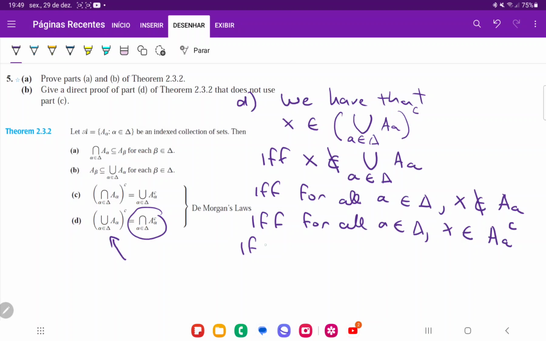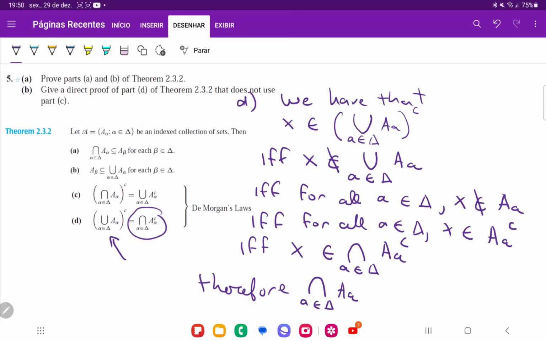So if and only if x belongs to the intersection of every single complement, right? So our conclusion, therefore, is that these are the same. Therefore, the intersection of the complements is equal to the complement of the union.